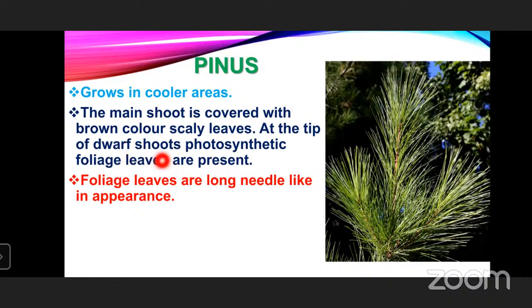The main shoot, meaning the stem, is covered with brown scaly leaves. And these foliage leaves are long needle-like structures.